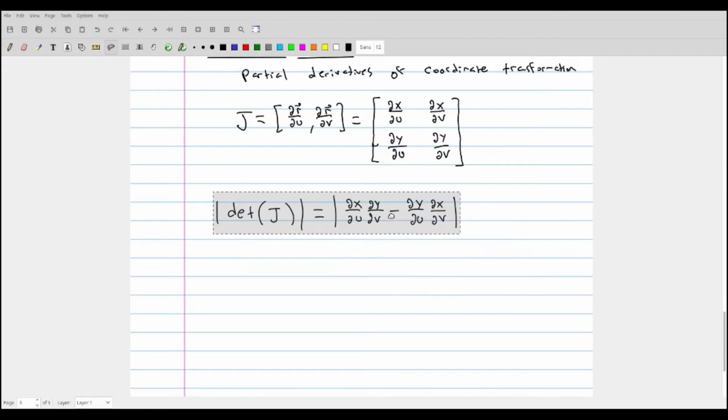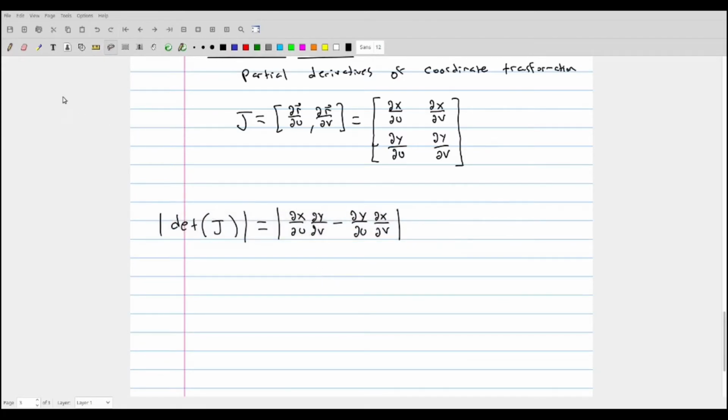And what's really neat mathematically is that the absolute value of the determinant of this 2 by 2 matrix is identical to the magnitude of the cross product of the columns. Here we're using just the first two components of dr/du because the third component is 0.